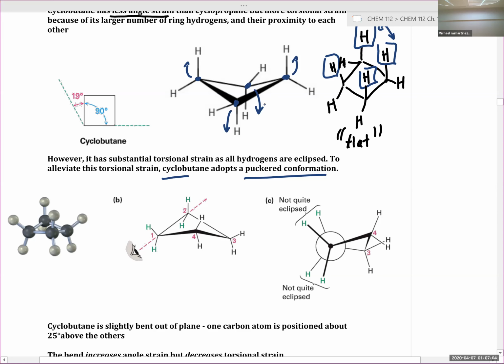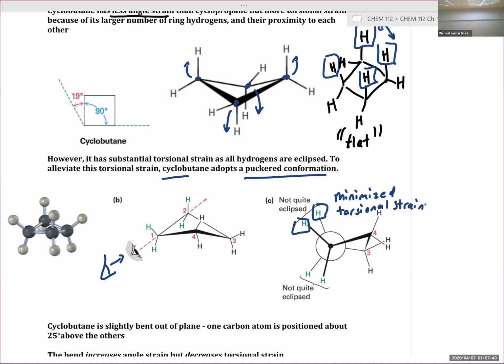In this way, if we look down one of our carbon-carbon bonds and view our hydrogen-hydrogen interactions, this puckering has minimized our torsional strain. So this is why we've distorted from a planar system to minimize these eclipsing interactions. And this is a common theme you'll see again and again in cyclic systems.